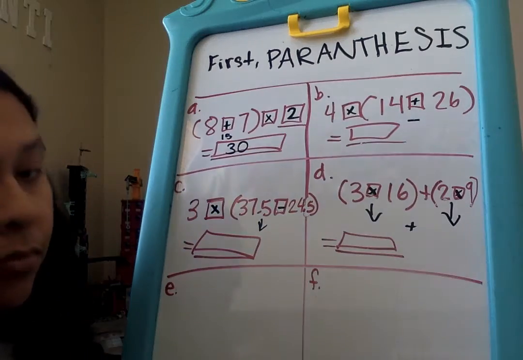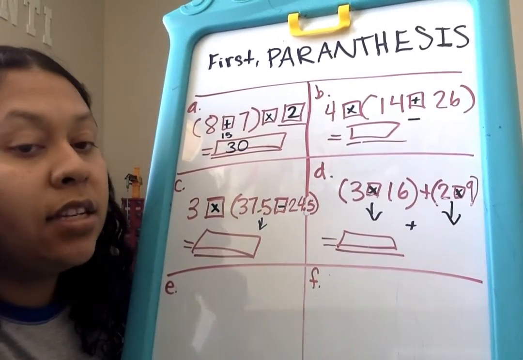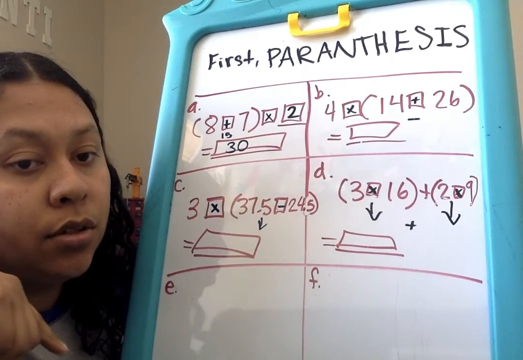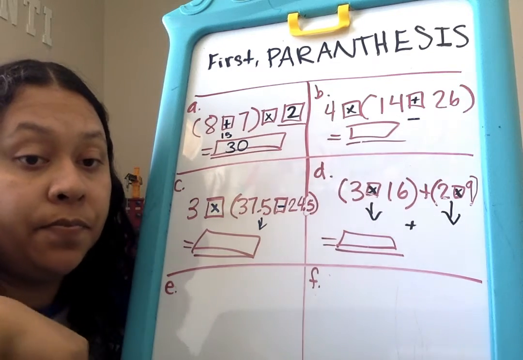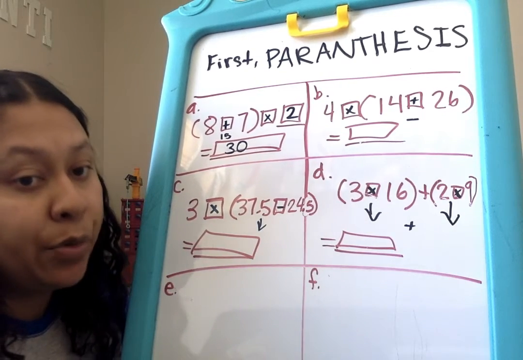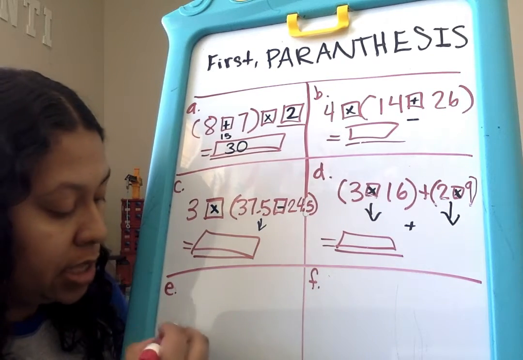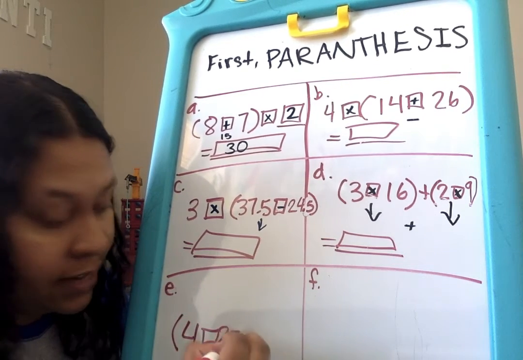Okay. E. So E says the difference between 4 25s and 3 25s. On your assignment, I already plugged in what stays as groups. So 4 25s. So that is a group. 4 25s.